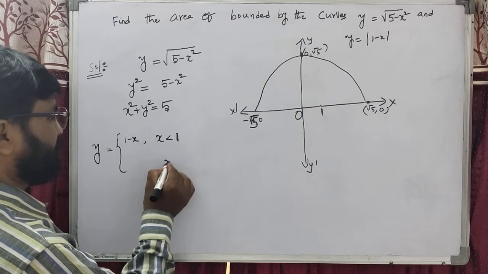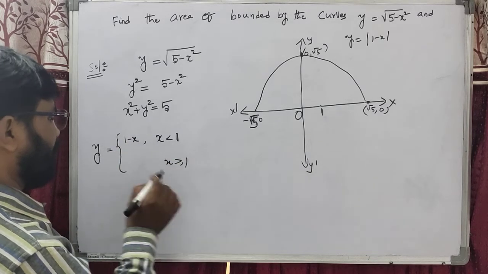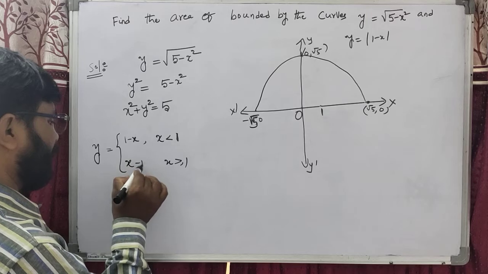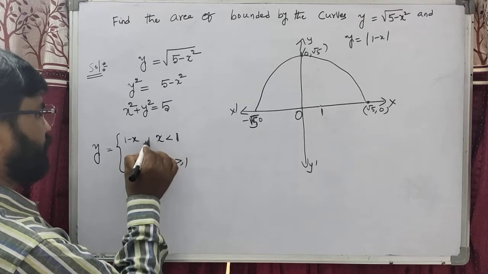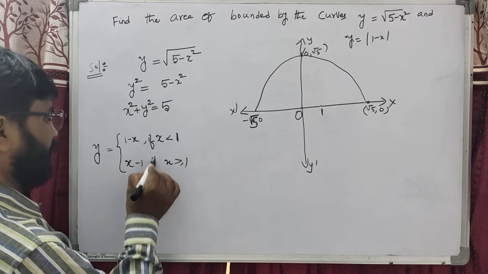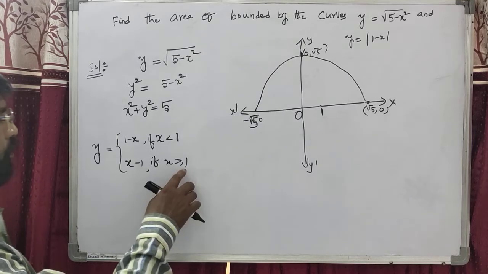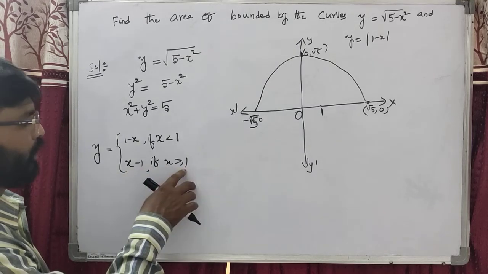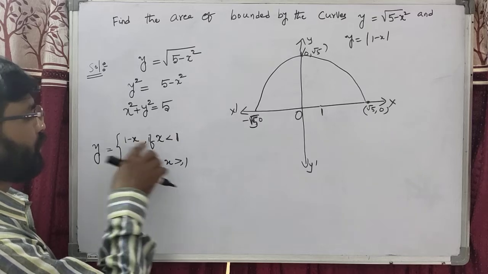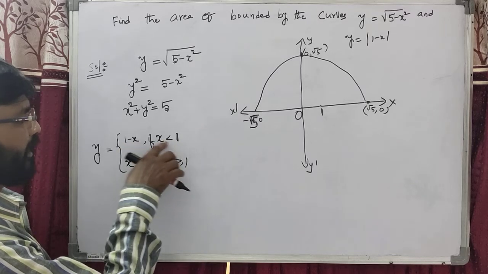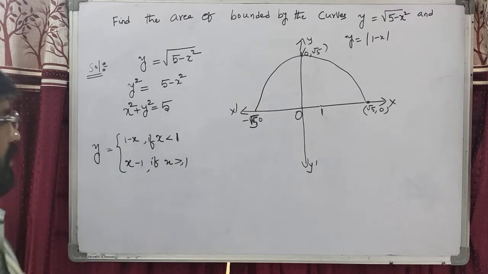If x is greater than or equal to 1, we can write x minus 1. Here x is greater than or equal to 1, so it is positive: 2 minus 1 positive, 3 minus 1 positive, 0 positive. When we take minus 1, minus of minus is plus 1.